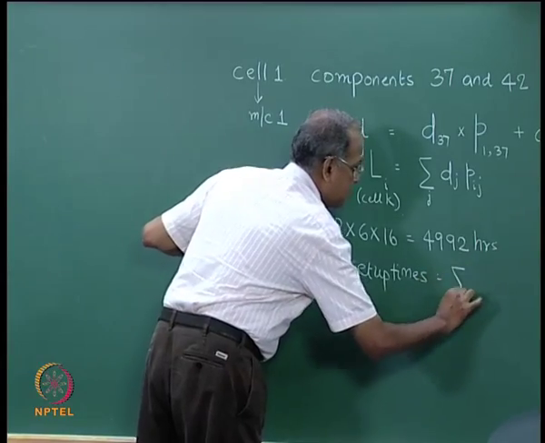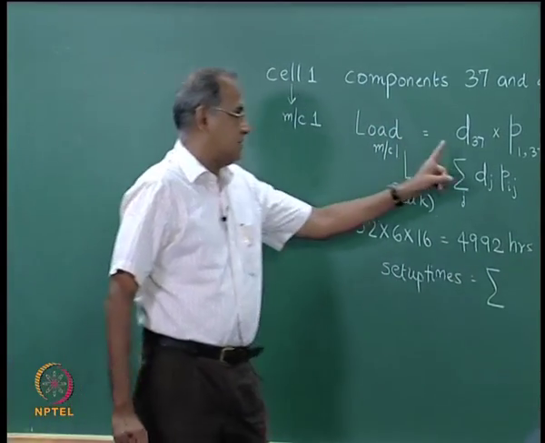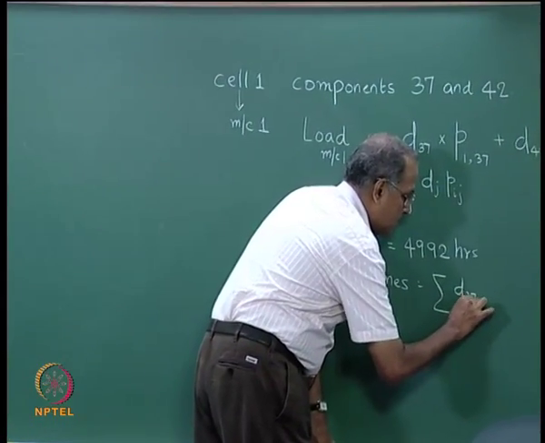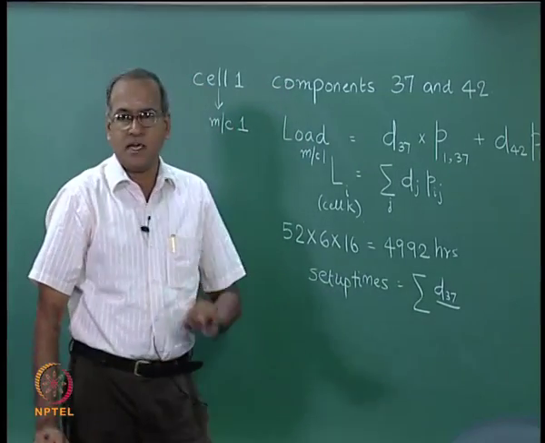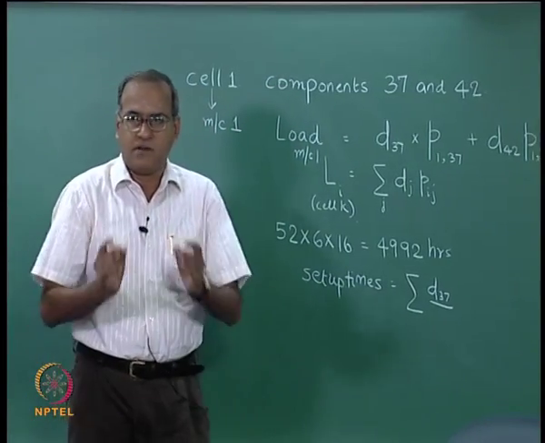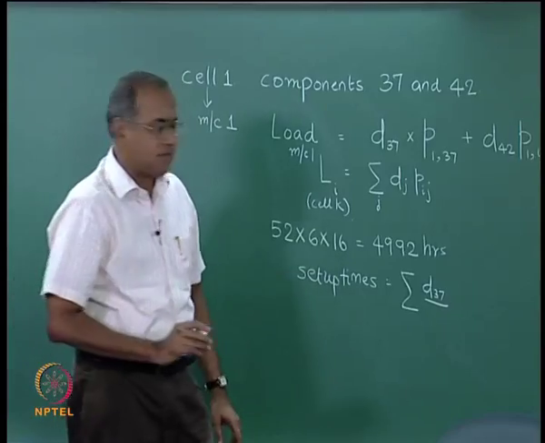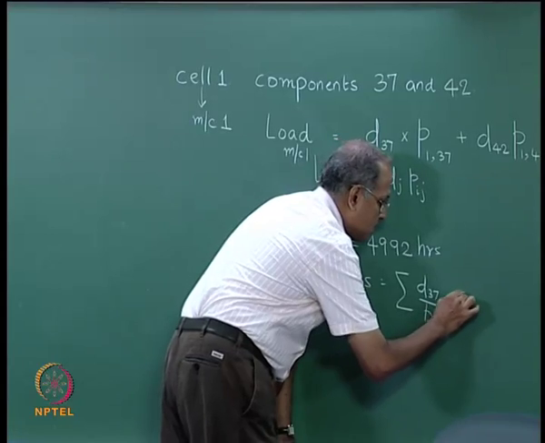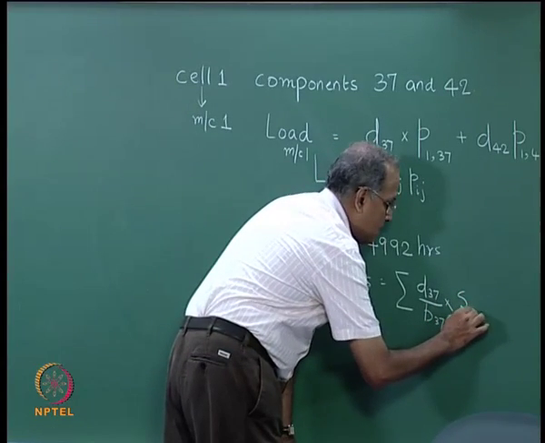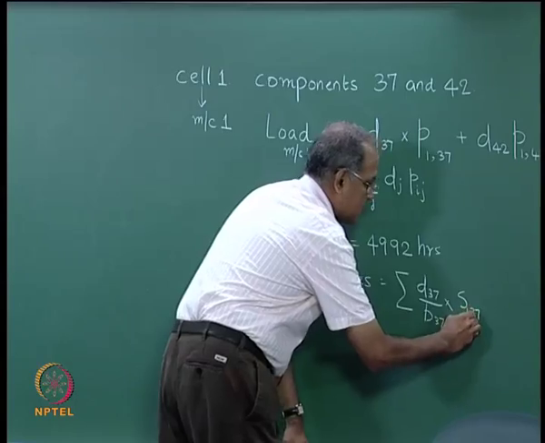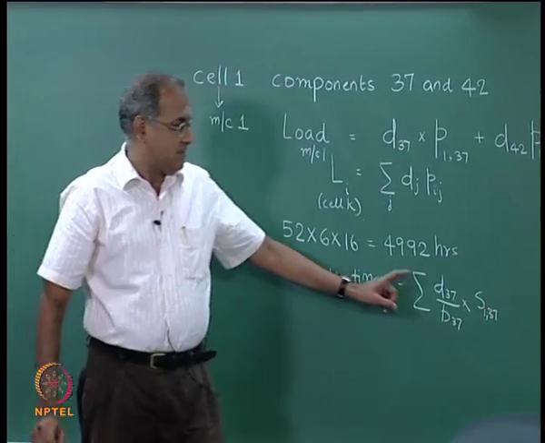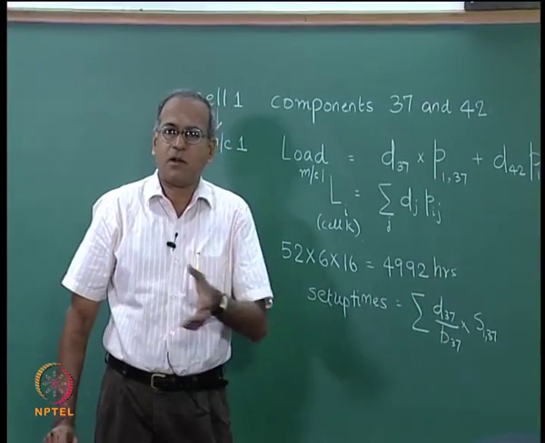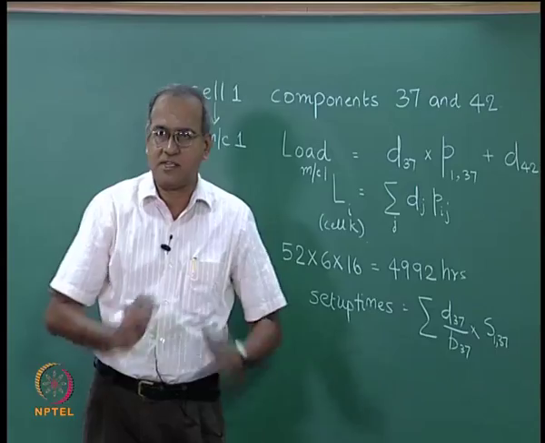Sometimes the setup time component can be, if I take 37, D37 divided by the batch size in which we will be making this 37, that will be B37, into setup time S1,37, which means this is the number of batches that we will make, or the number of times we will make this component 37.